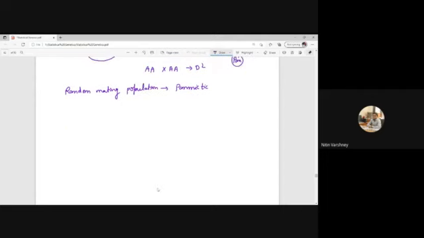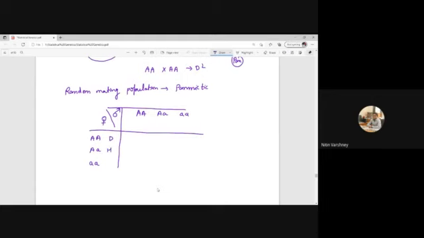Suppose I take male and female here, with capital A capital A, capital A small a, small a small a on each side. All three types of individuals have equally likely probability of mating with any of them. So AA can cross with AA, giving D square.